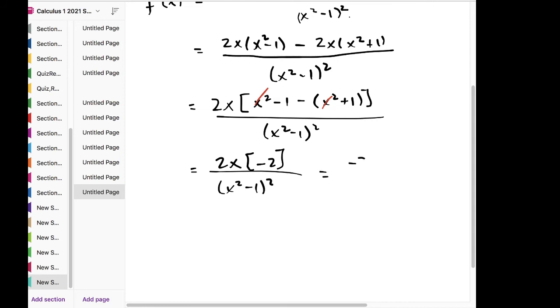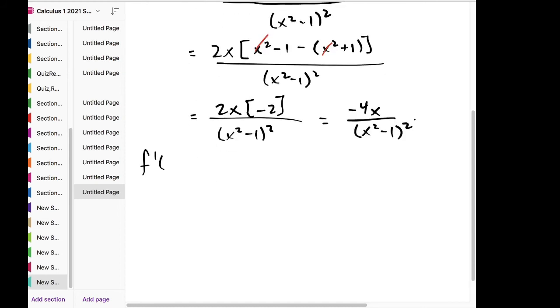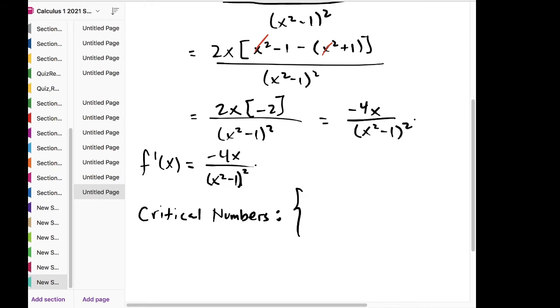So this is negative 4x over x squared minus 1 squared. So what are the critical numbers? Where is the derivative 0 or does not exist? Where's the derivative 0?